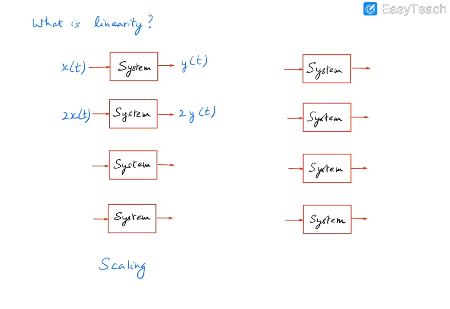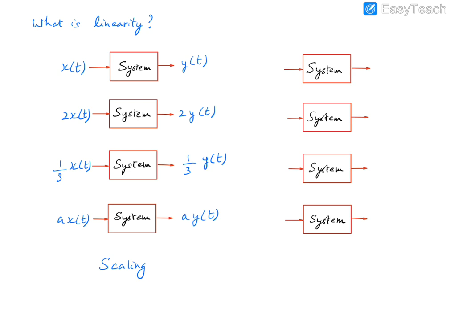So similarly, let's say the scaling factor was 1 by 3. Okay, so it's 1 by 3 x of t. Then the output will also be 1 by 3 y of t. Or in general, we can say that if a scaling factor a is multiplying the input x of t, then the output will also be scaled by that same scaling factor a.